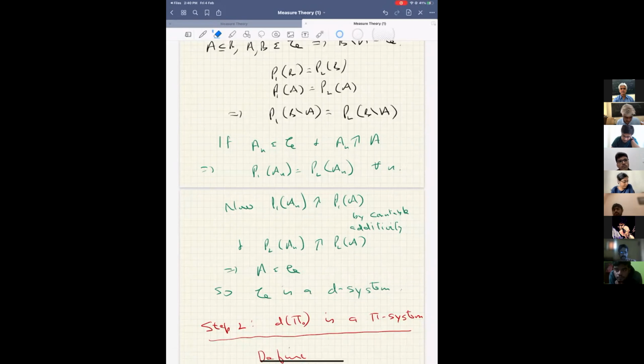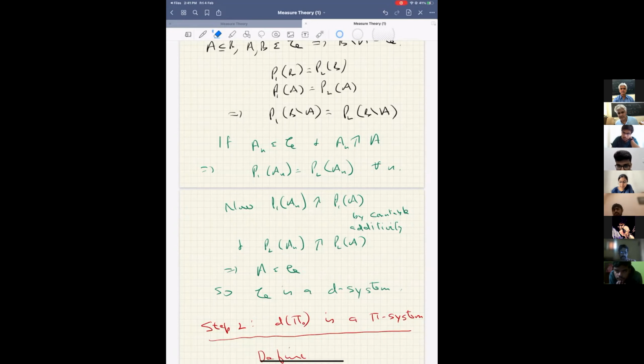So if P1AN increases to P1A and P2AN increases to P2A, then by countable additivity of a probability measure, if AN is increasing to A, then the probability measure evaluated at AN is increasing to the probability of A. Just by countable additivity, it's easy to see.